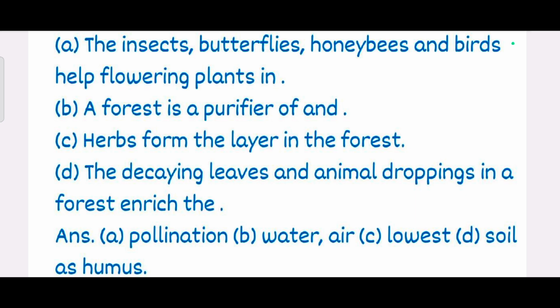Number C, herbs form the layer in the forest. Answer is lowest.